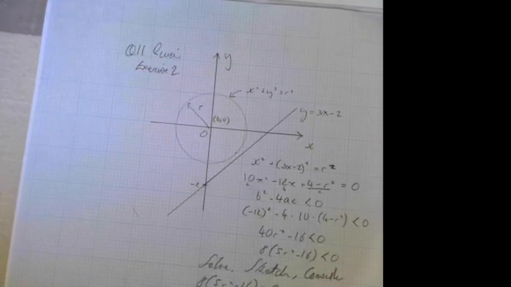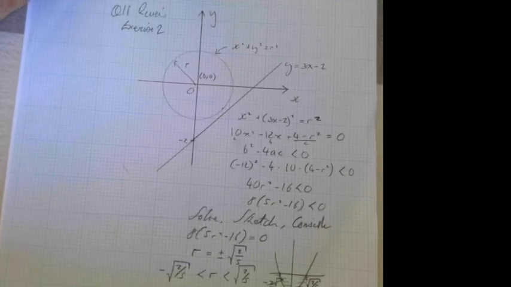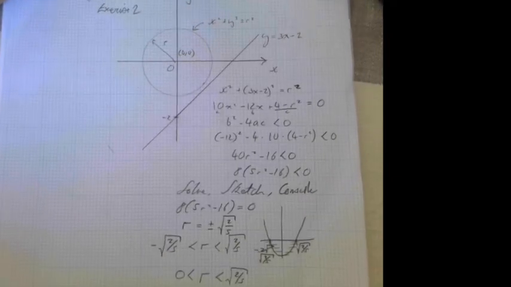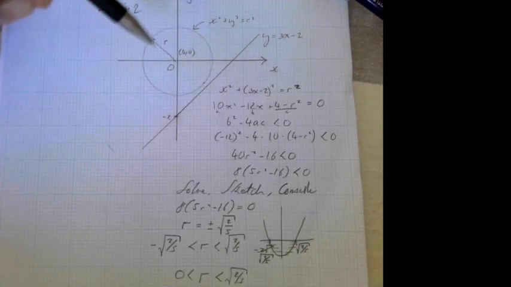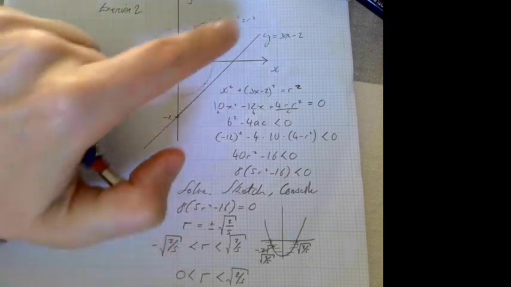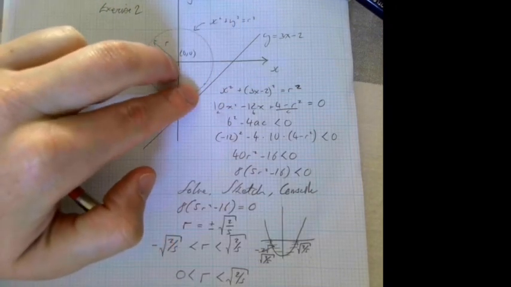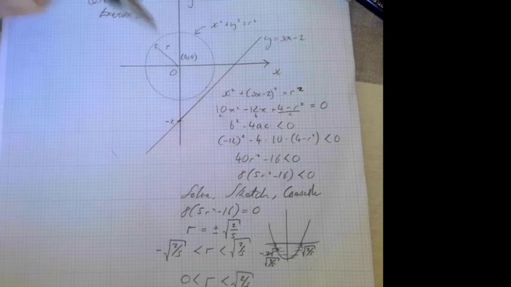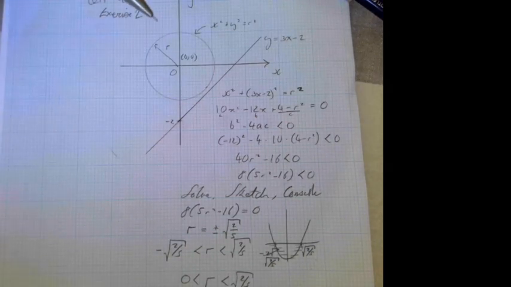We'd perhaps intuitively be expecting an answer similar to that, where we'd not expect a large radius. The larger this radius gets, the more likely it is to intersect with this line, so we're expecting quite a small radius. And again, we're not expecting a negative answer for the radius either.